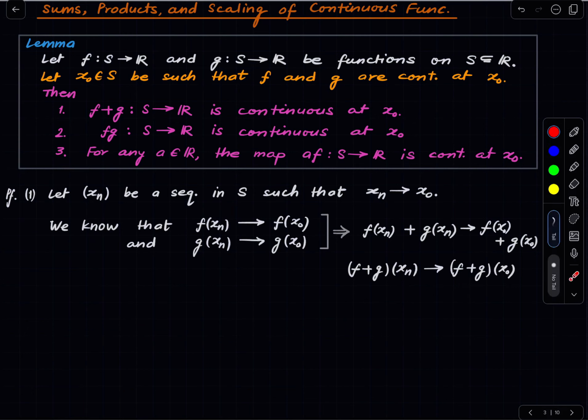And therefore f plus g is continuous at x0. So that's it. It is a straightforward consequence of the algebra of convergence that we discussed in the beginning of this lecture. Similarly, you can prove this and that one.